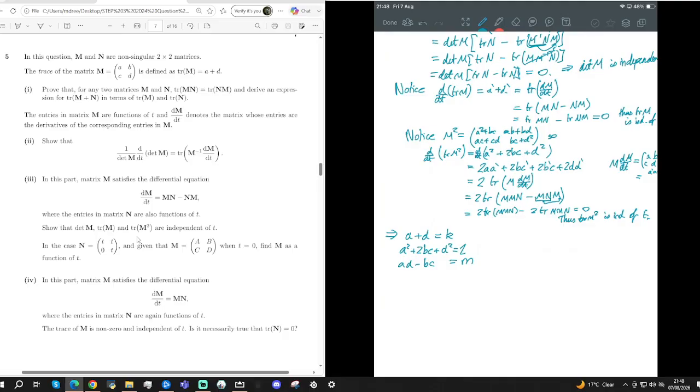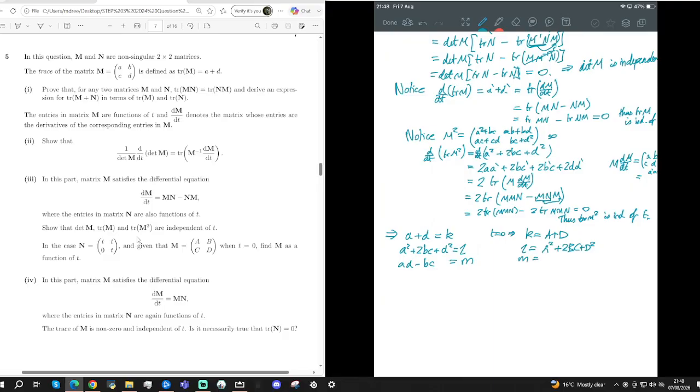Well, I could try and work out these constants at time 0. So when t equals 0, this k will be a plus d, which isn't really an exciting thing to write down, because all I'm doing is making each of the letters capital instead.